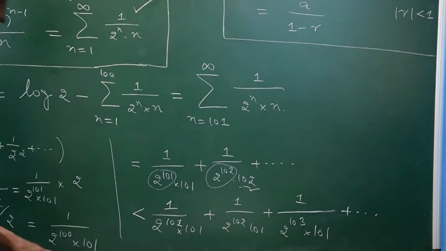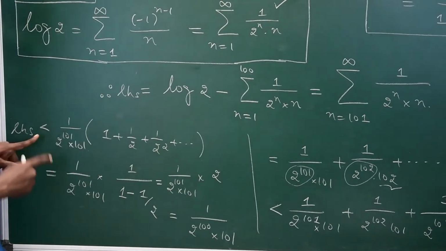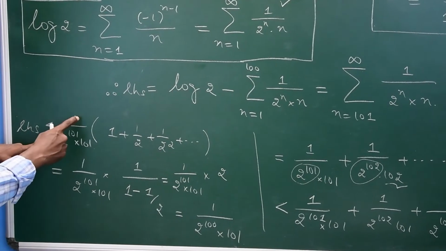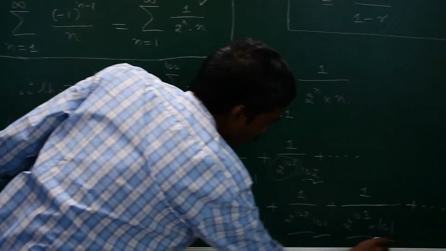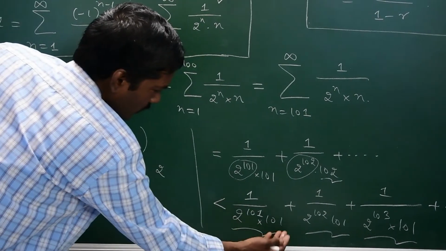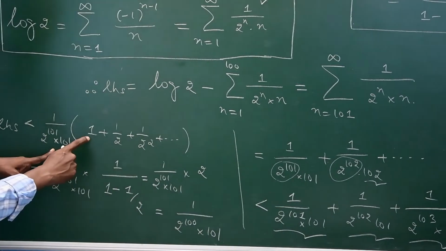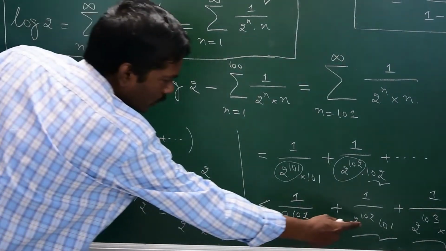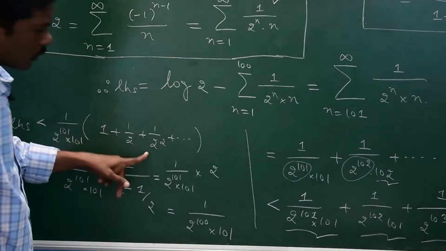So the left hand side is strictly less than this. You can take the common term 1 over 2 to the power 101 times 101 out. When you take it out, you get 1, then 1 over 2, then 1 over 2 square and so on.